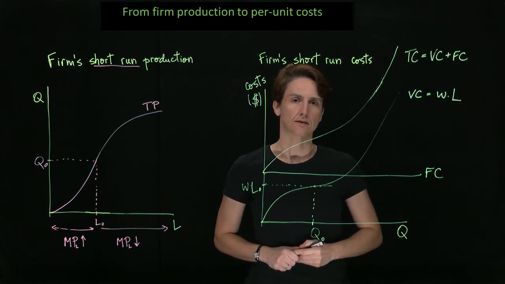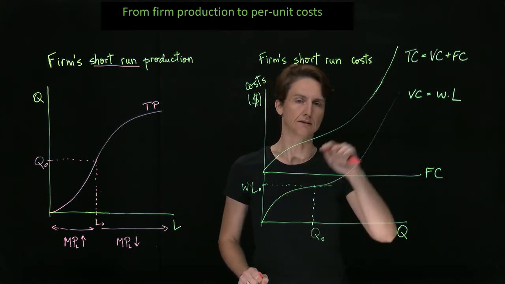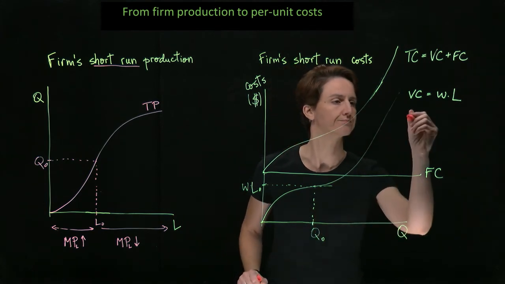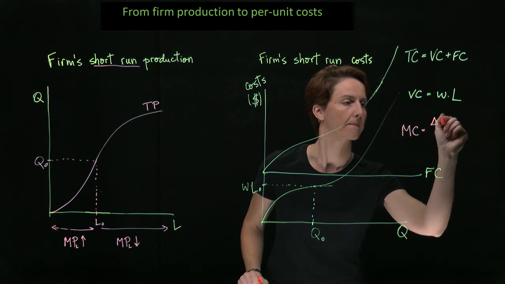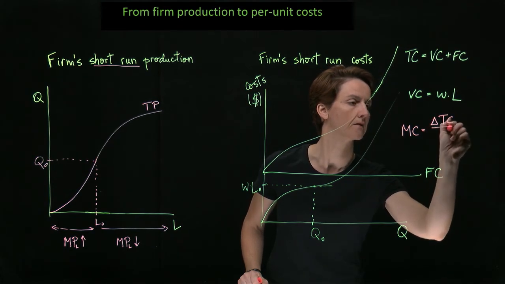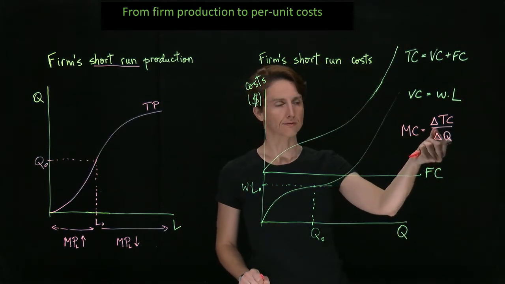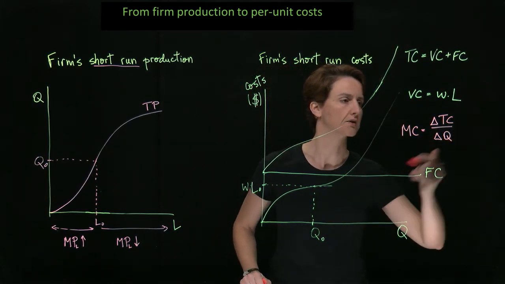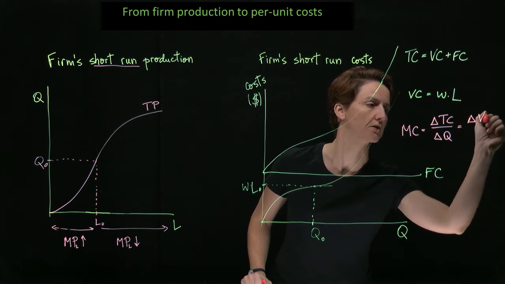Then marginal cost is the rate of increase in total cost, equivalently the rate of increase in variable cost. So as you produce one more unit of output, how much does total cost increase, which is the same as saying how much does variable cost increase.